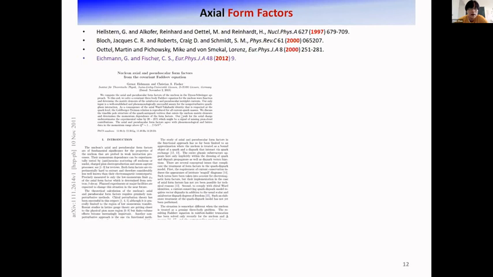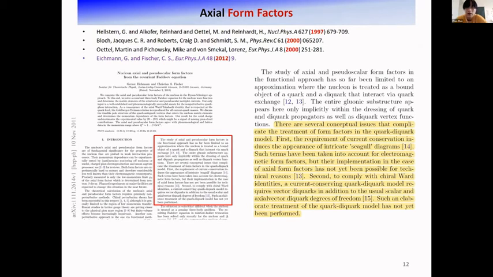In the introduction of this paper, they also point out the difficulty of the computation of these form factors in the quark-diquark framework. There are several conceptual issues that complicate the treatment of form factors in the quark-diquark model. First, the requirement of current conservation induces the appearance of the Seagull terms. Such terms have been taken into account for the electromagnetic form factors, but their implementation in the case of axial form factors has not yet been possible for technical reasons.